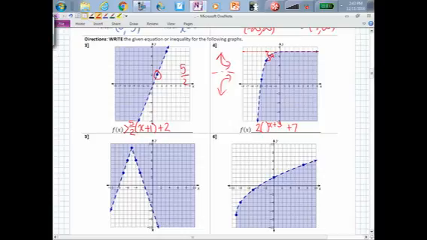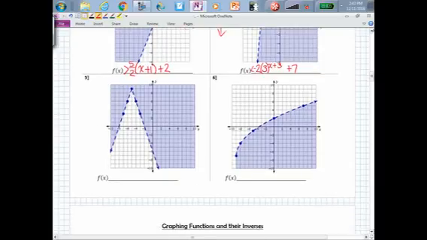I just have to decide what the base is, and the base I find from this next value, which is a times b, so that's 1, 2, 3, 4, 5, 6. That was 2, so then b must be 3. And we're going down the way, so I have to make it negative as well. So let's just double check. We moved left 3, up 7, stretch of 2, and then base is 3. This time, I forgot, this is going to be less than, because it's below.